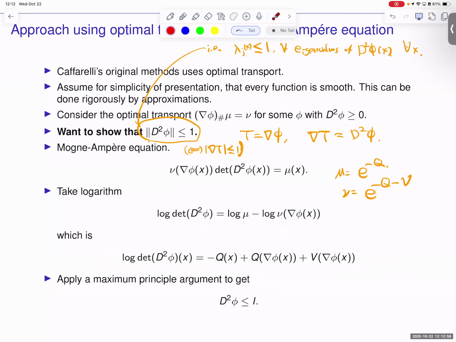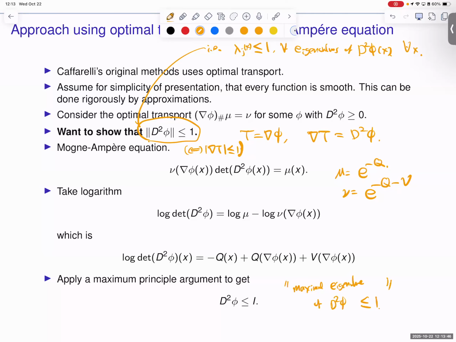By the way, I'm following Caffarelli's proof. So the maximum eigenvalue of the Hessian of phi being less than or equal to 1 is what this statement says.